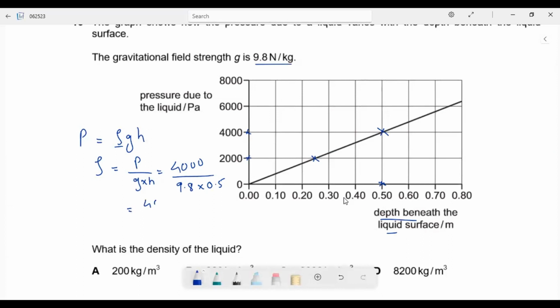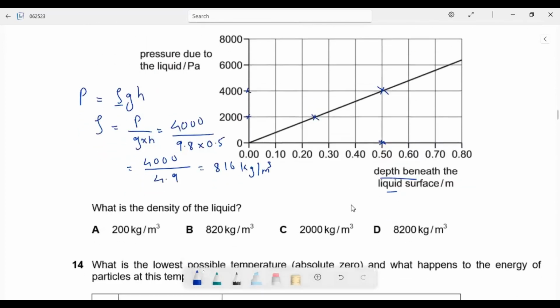So 4000 divided by 9.8 times 0.5, which is 4.9. While dividing, we get the answer as 816 kilogram per meter cube. So the right answer is B, 820 kg per meter cube.